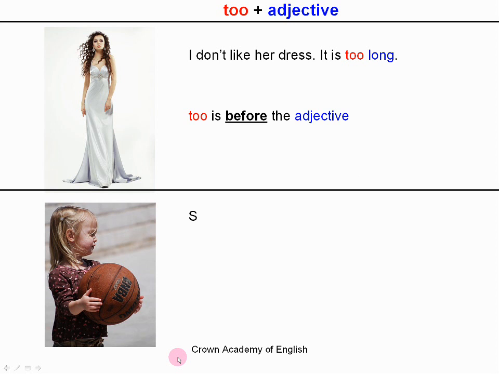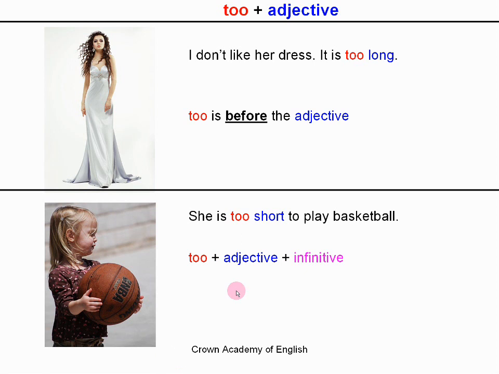Example 2. She is too short to play basketball. This time, the form is, again, we have too before the adjective, and here we have an infinitive. So we have the verb in the infinitive.